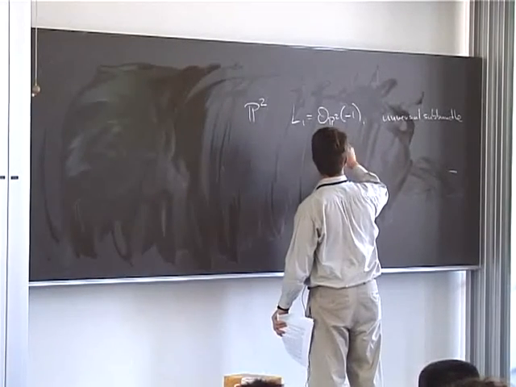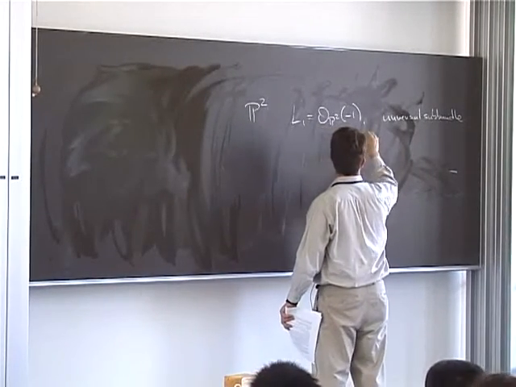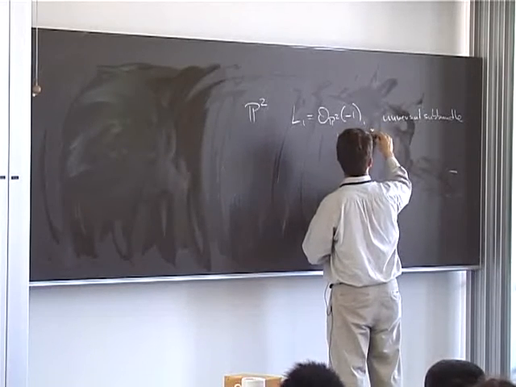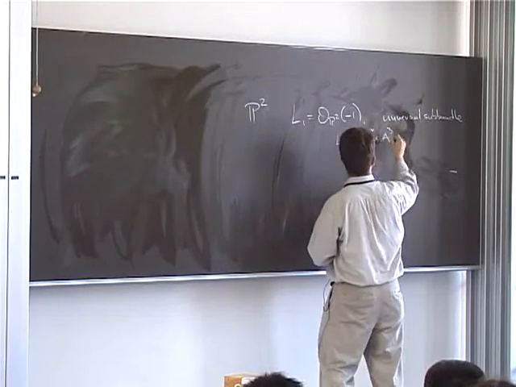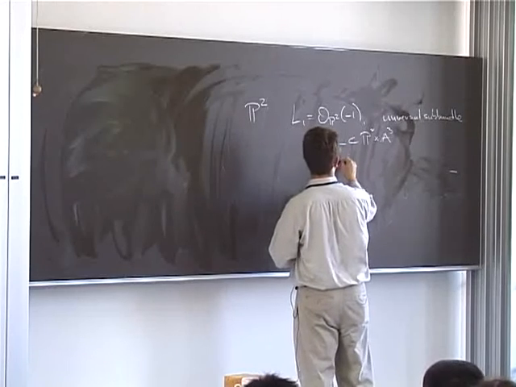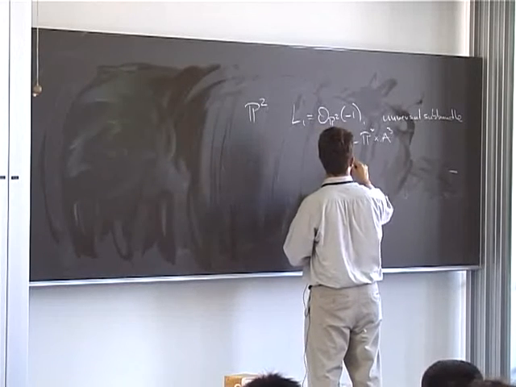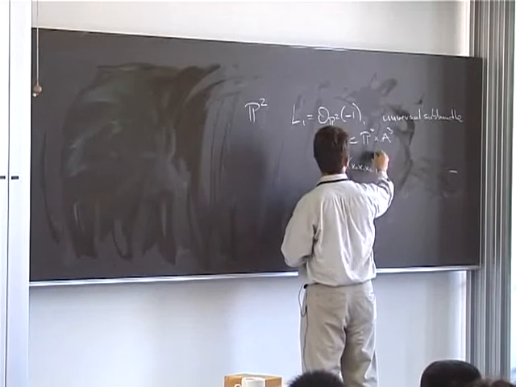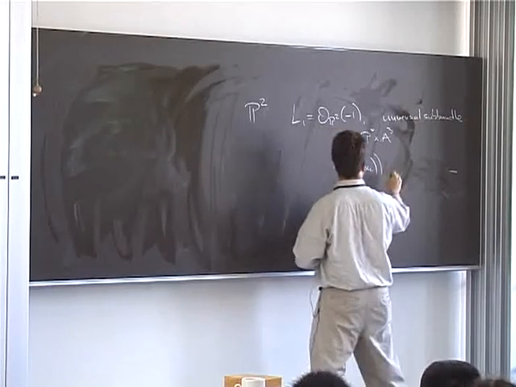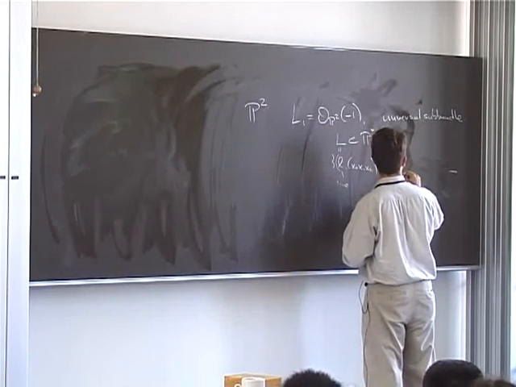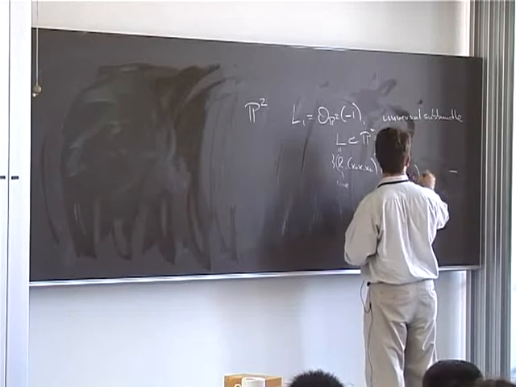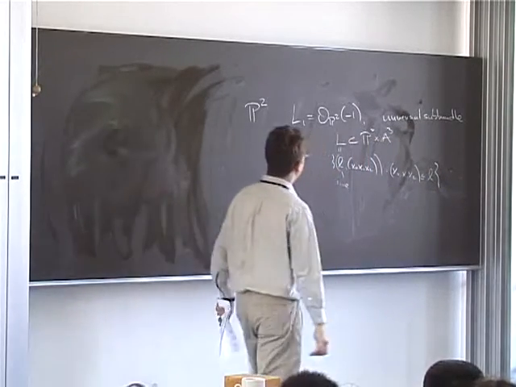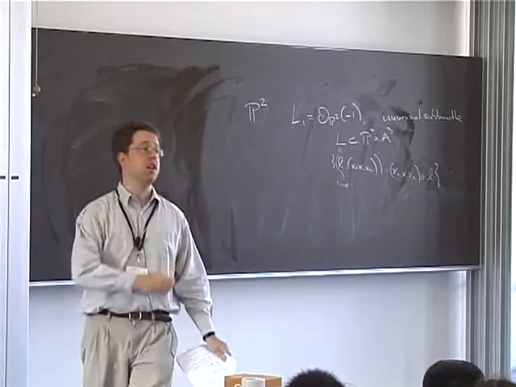I want to realize it in the product of P2 and A3, just consisting of pairs L, (x0, x1, x2), where L is a line, and (x0, x1, x2) is contained in L. And so the bundle structure is its projection onto the first factor.